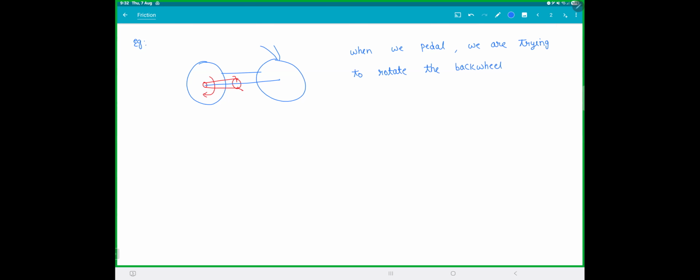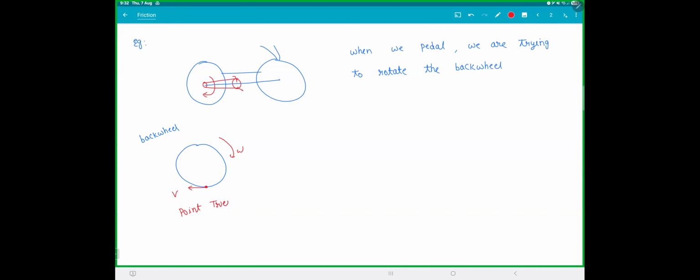So if you look at the back wheel's situation, the back wheel is trying to rotate. So this point is actually trying to go backward. So that point is trying to skid backward.